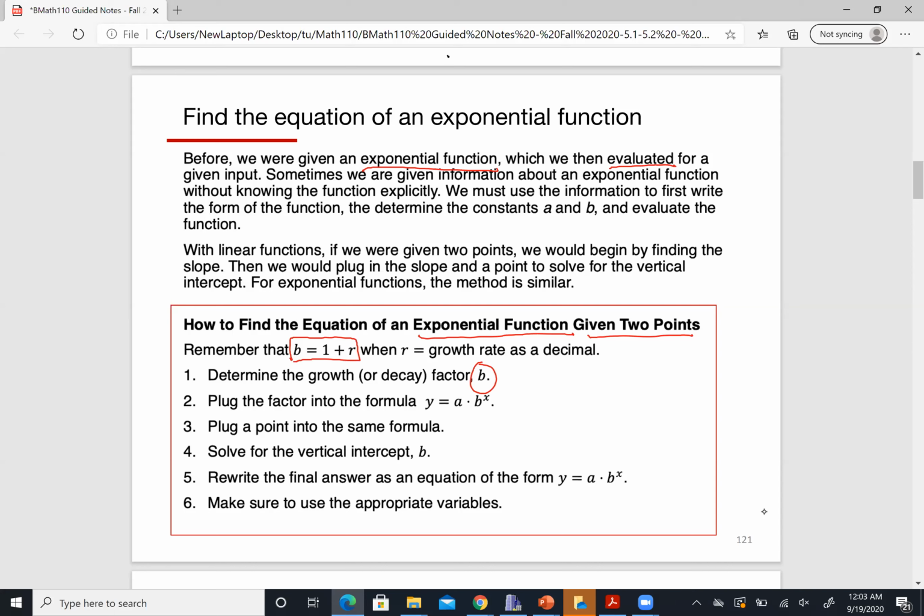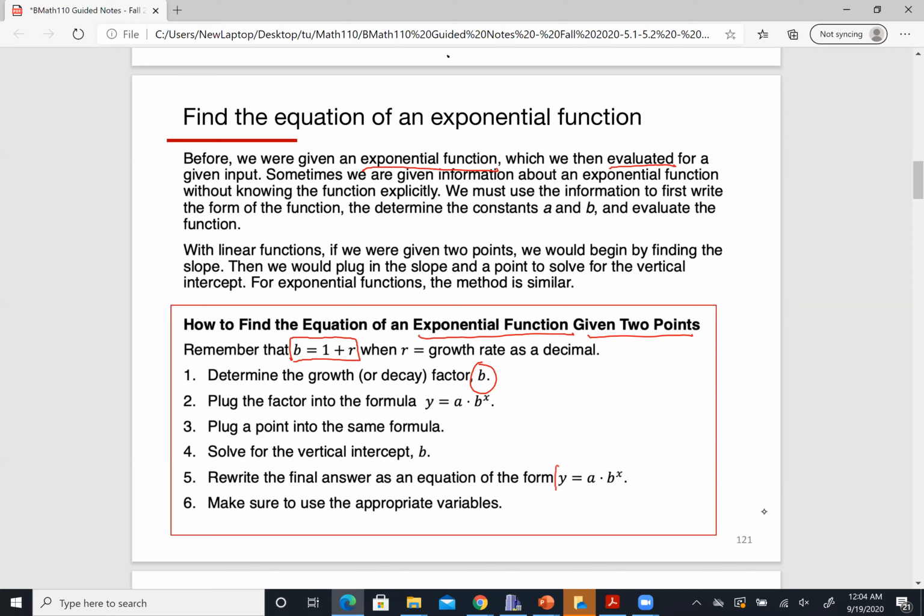And then we're going to plug a point into the same formula, and we're going to solve for the vertical intercept b. Rewrite the final answer as an equation of the form y equals a times b to the x.